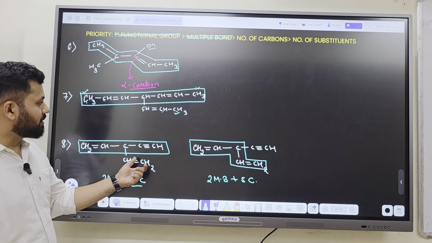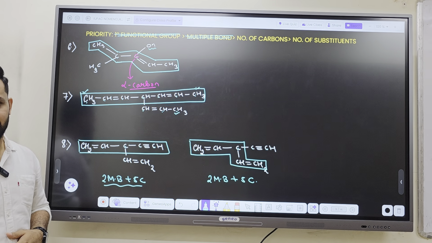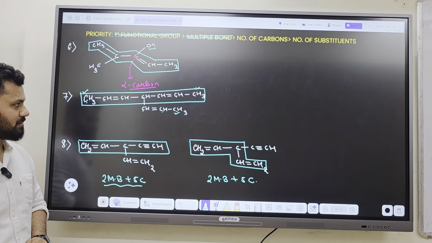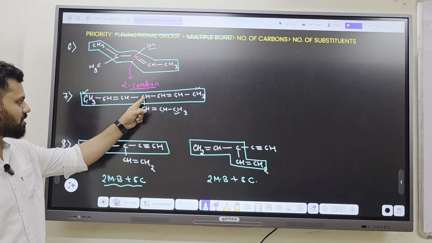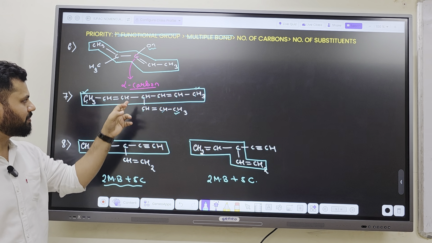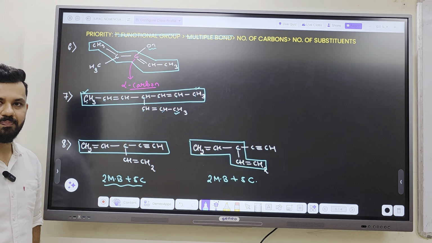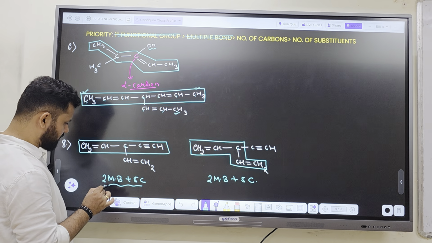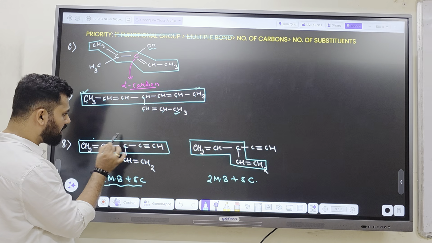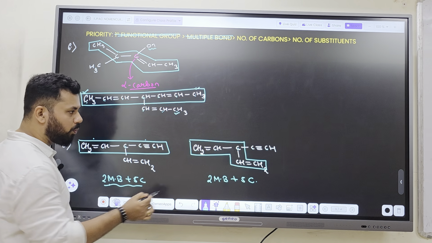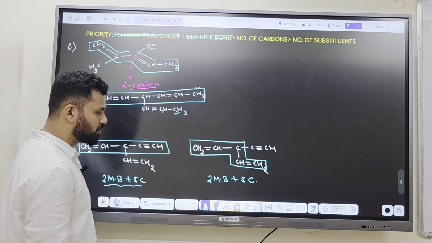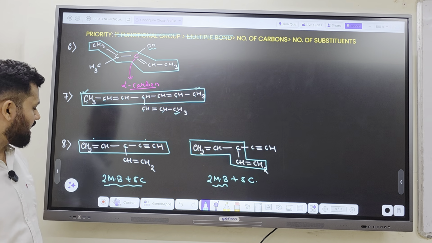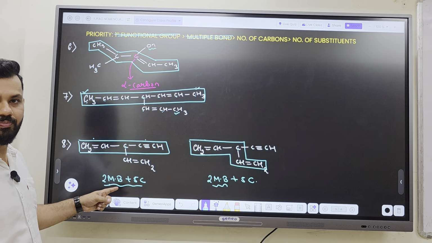But this example is not like the 7th one. In 7th one, the chains across this carbon were symmetric. They were same. This part, this part, this part. But here, these two multiple bonds which you have, one of which is double, other is triple. One is double, other is double. So here, in two multiple bonds, you have two double bonds, and here you have one double bond.